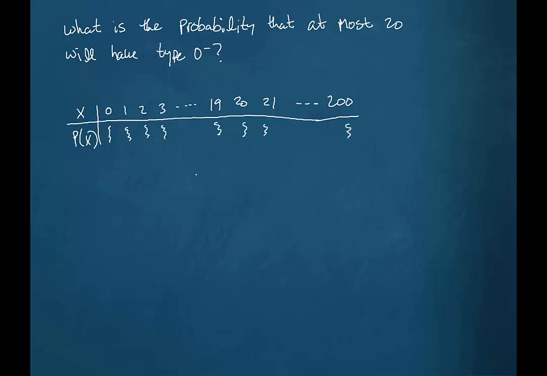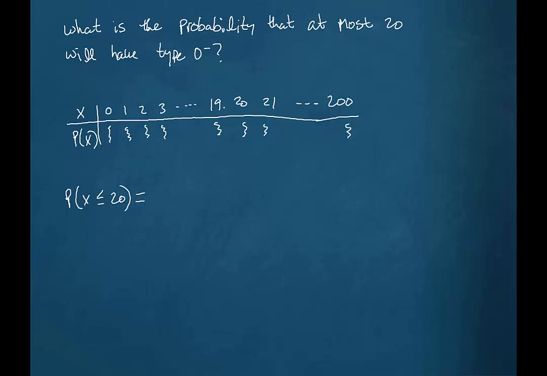And we could find these individual probabilities either by using the formula or by StatCrunch or some other means of calculating binomial probabilities. But this question says the probability that at most 20. So that means the probability that x would be less than or equal to 20.